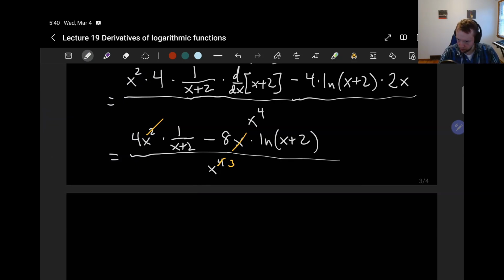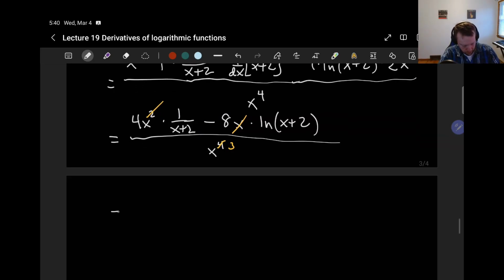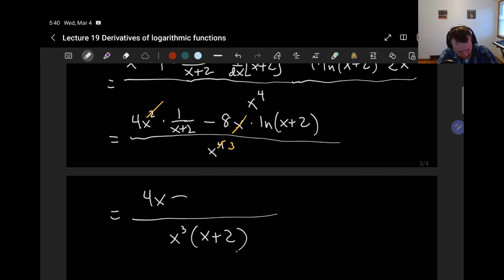Now I'm going to follow what Pearson did for this problem with how they simplified. They chose to bring this x plus 2 down into the denominator, which is fine. You just have to be careful about it. So x cubed times x plus 2. So move that down.